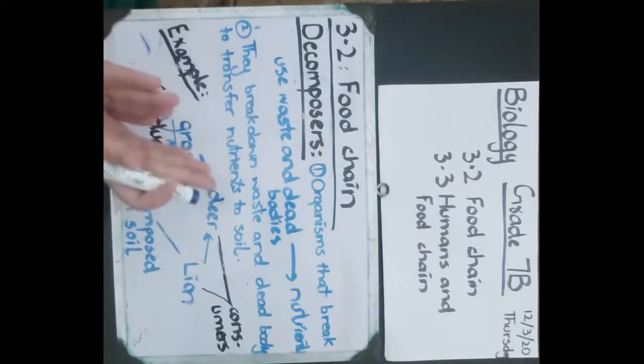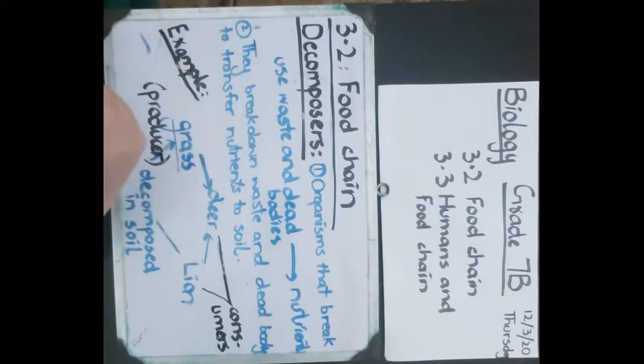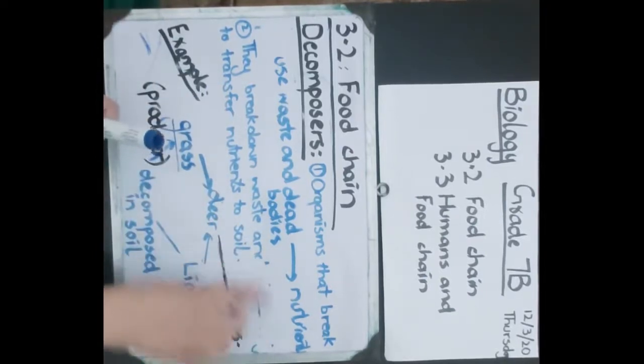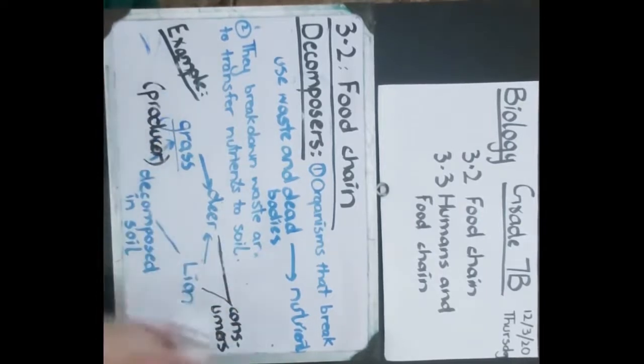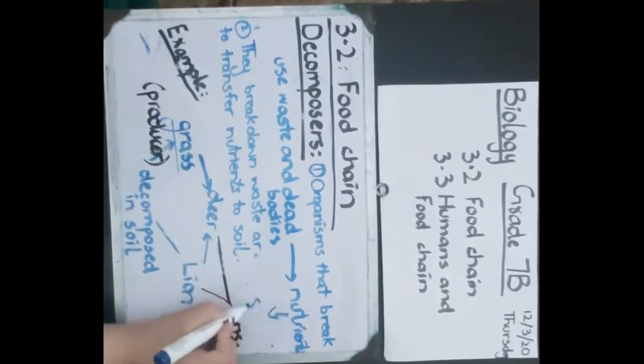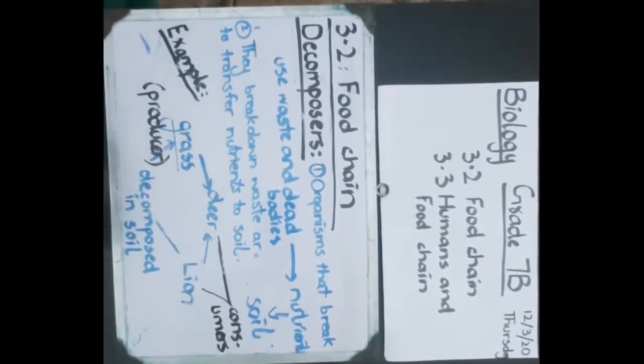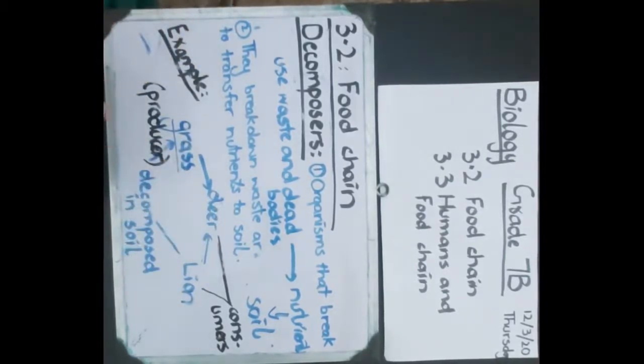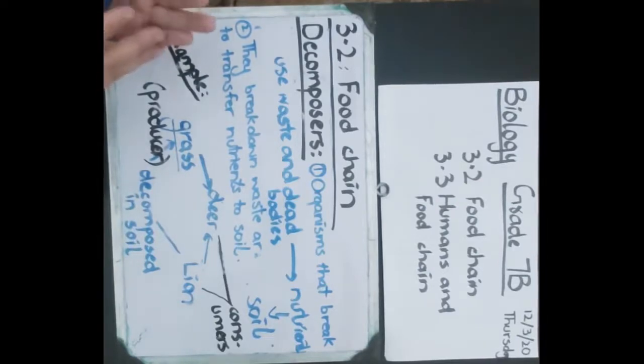And these decomposers eat our waste and dead bodies to produce nutrients. And where do these nutrients go? These nutrients go into the soil. Now tell me, when soil becomes full of nutrients, rich with nutrients, it's called fertile, right?